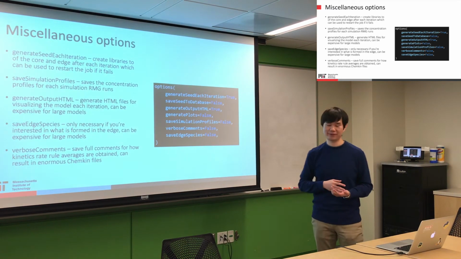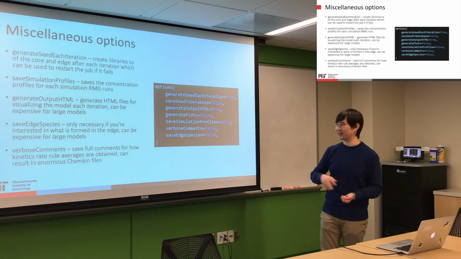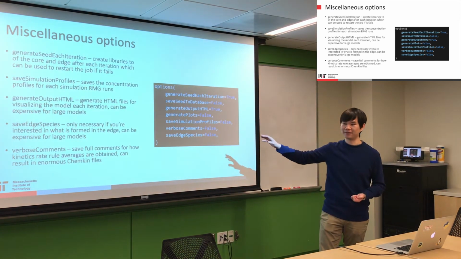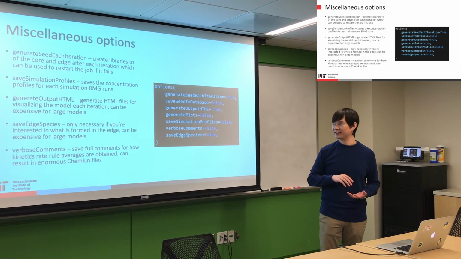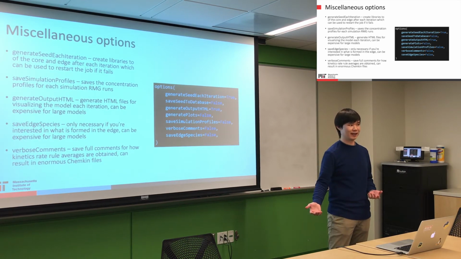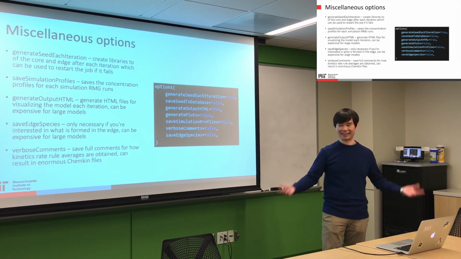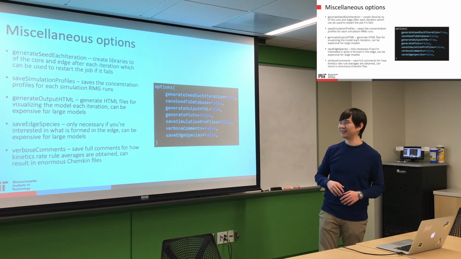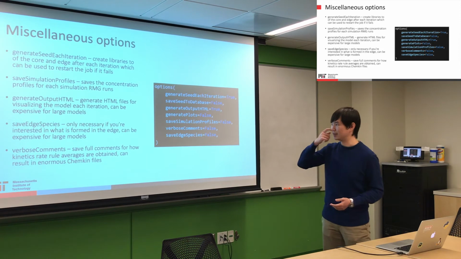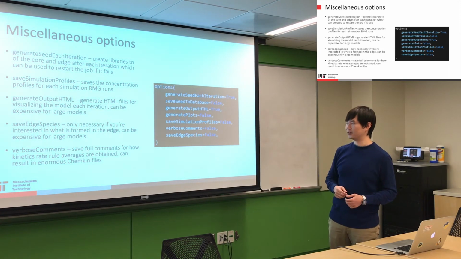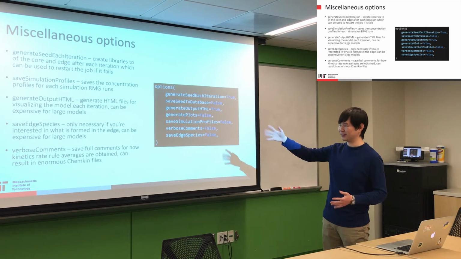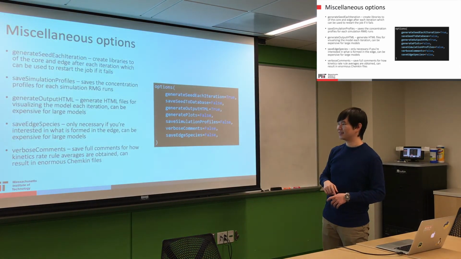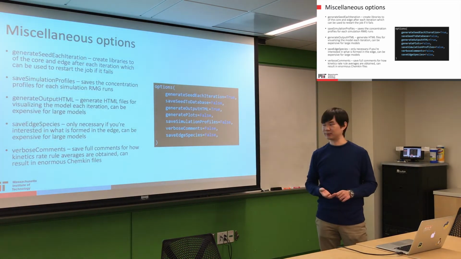This can be very expensive for large models, so we generally recommend you turn this off during model generation, because you can always generate it from the Chemkin file after the fact, and it's the exact same output. Generally there's no need to keep this on to have it do it every iteration. Same thing, or a similar thing, for edge species, in that it can be expensive if you're running a large model.